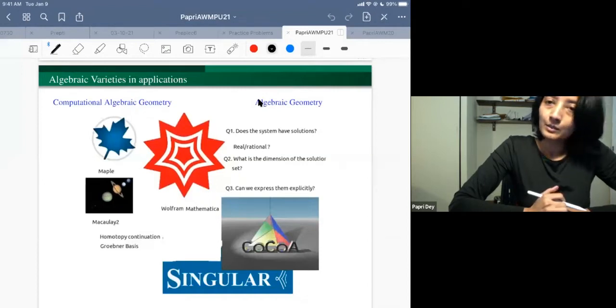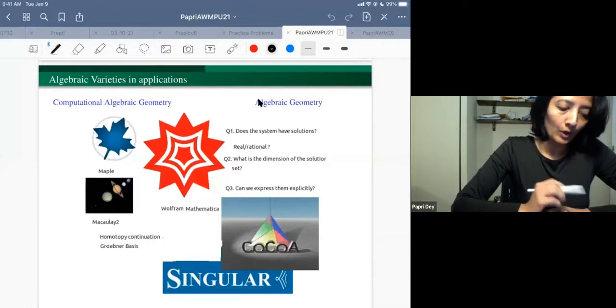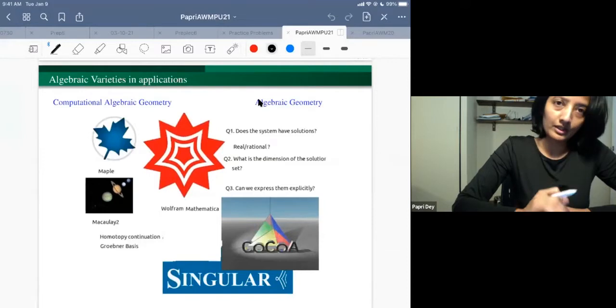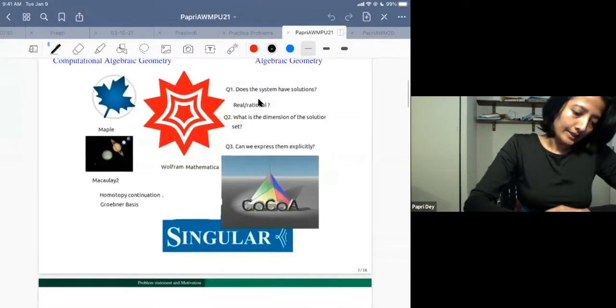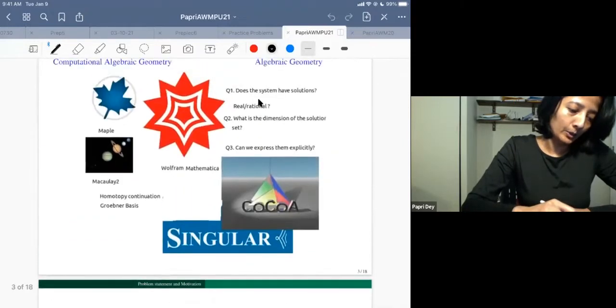Can we express them explicitly? So these algebraic software systems, or computer algebra systems, can be used to certify the answers to these questions. And definitely in this project, mainly I have used Macaulay2, Mathematica, and Singular.